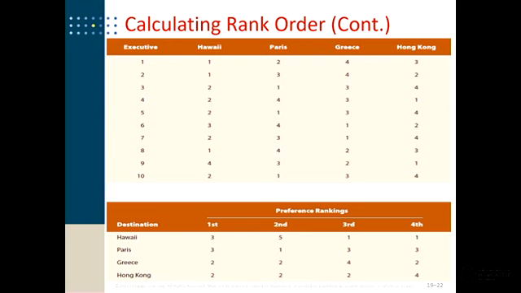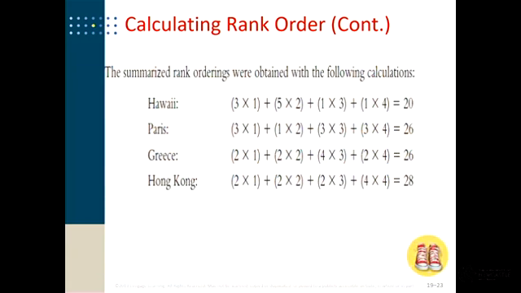You understand my point? For example, Hawaii, 3 into 1 means 3 of them ranked it first. 5 into 2 means 5 of them ranked it 2nd. 1 ranked it 3rd and 1 ranked it 4th. So we are multiplying and summing them up and we get a final score.